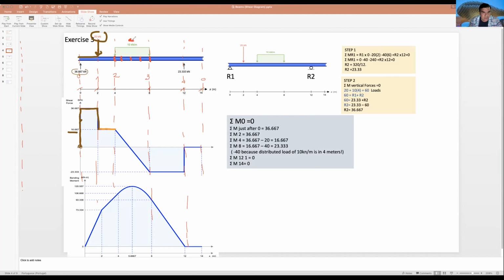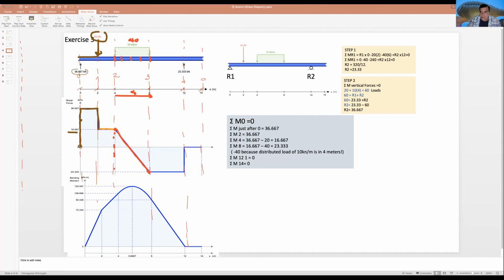This total is 40 because it's 10 kilonewtons by 4. From 16 minus 40 is minus 23. I write here minus 23, and I make a straight line between them, and that's it.